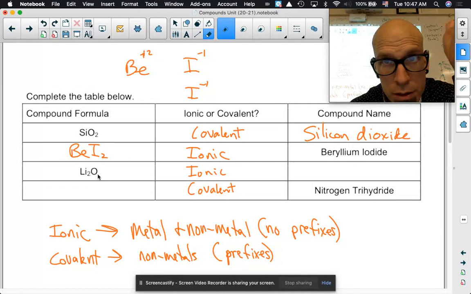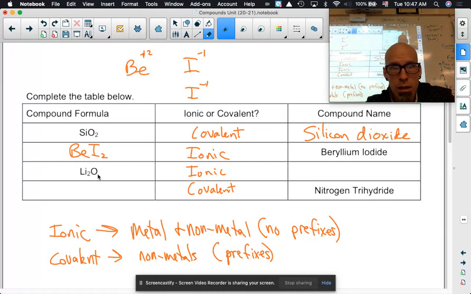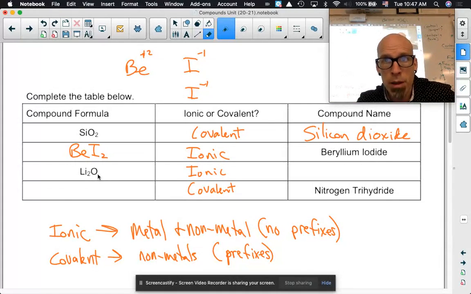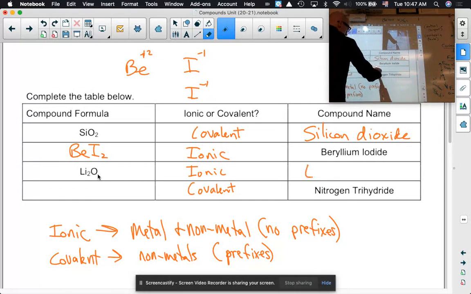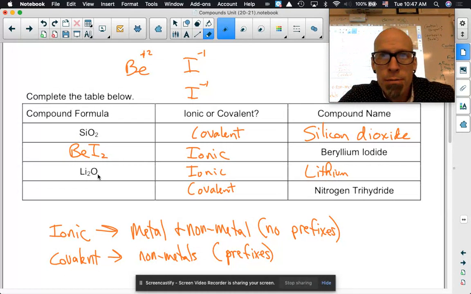No prefixes. So this has to be what? What's the name of lithium positive ion? It's just lithium. Lithium. What is the name of oxygen as an ion? Oxygen as an ion name is oxide. Remember, we dropped the whole ogen, oxide.